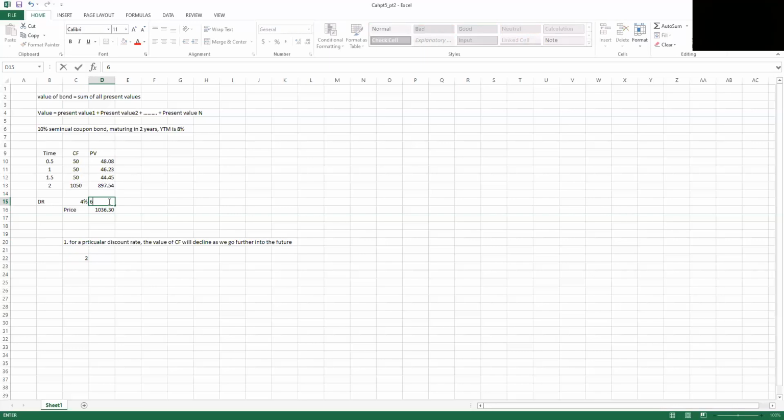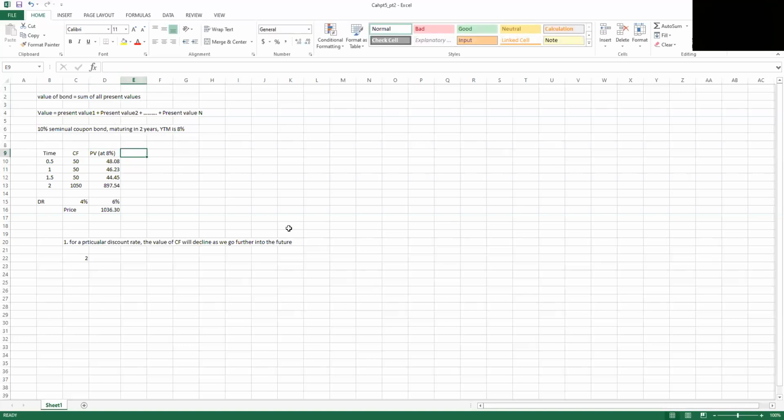It will be 6% per six months, right? So let's modify this a little bit. It is at 8%, and here we are calculating a second present value, PV at 12%.